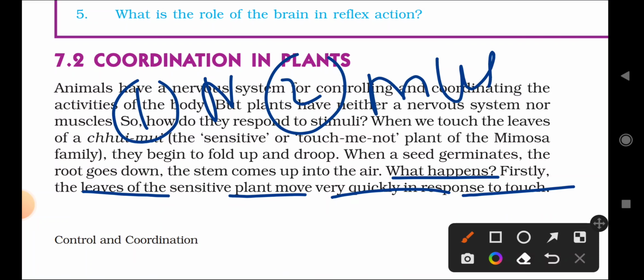If the plant has neither a nervous system nor muscle cells, how does the sensitive plant respond to touch? Within a fraction of a second it folds up. How is information transferred in the plant? That is the question.